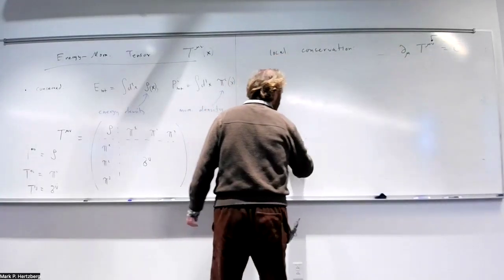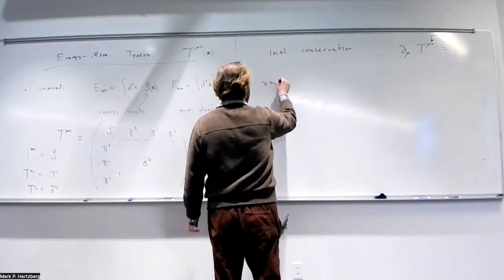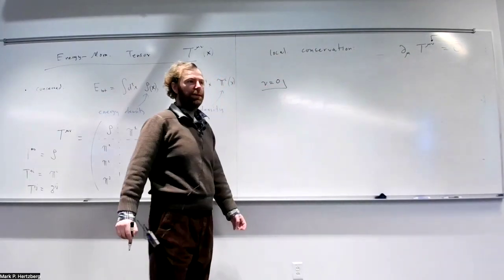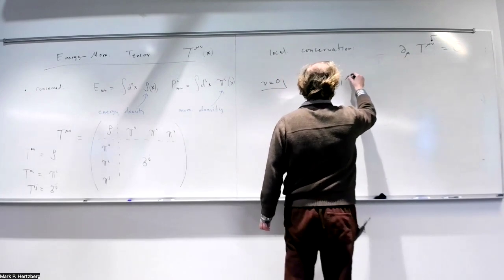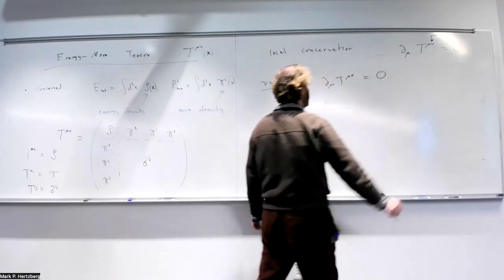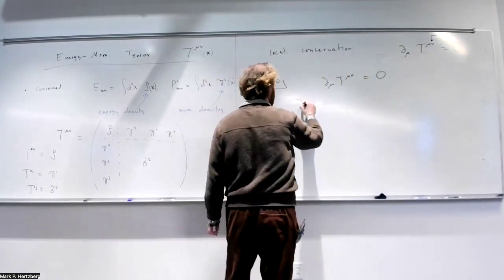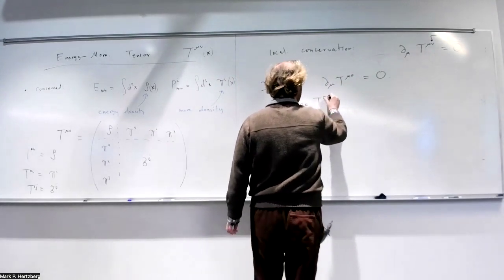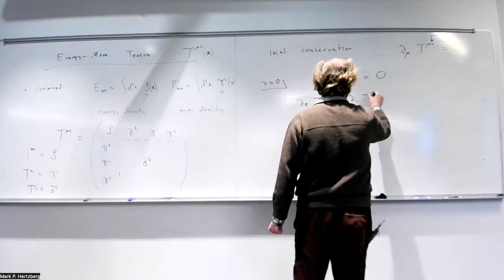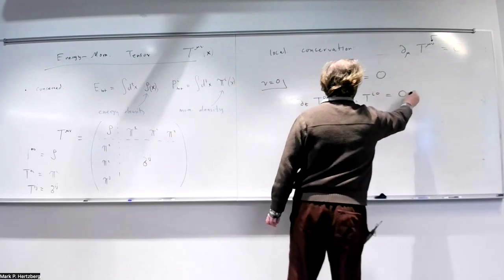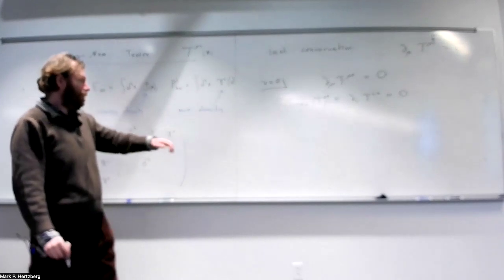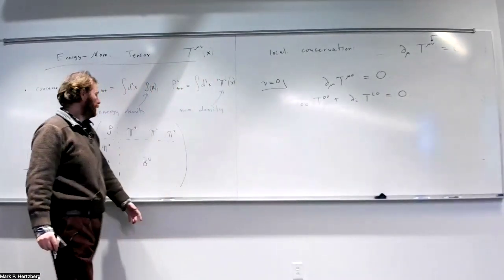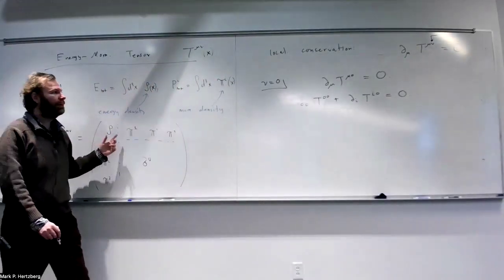Okay, so let's just check on nu equal to 0. What does it give? d mu T mu 0 equals 0. Let's write it out. So I get dt T00 plus di Ti0. T00 is the energy density.